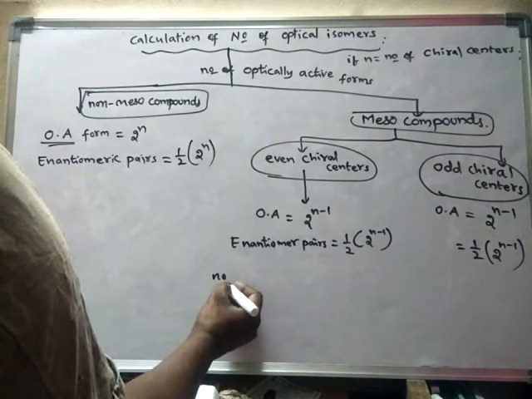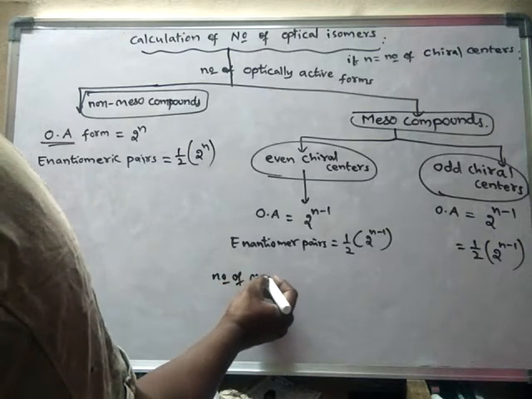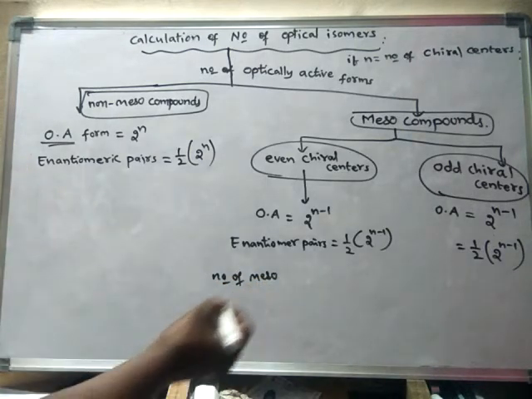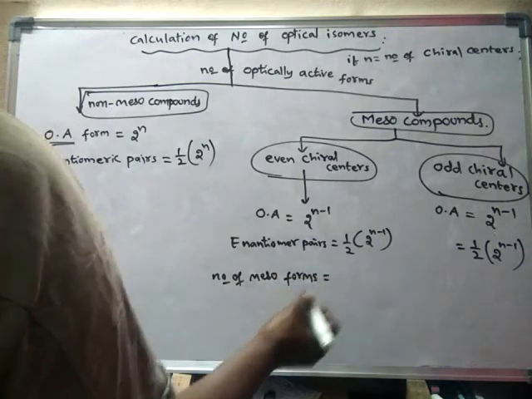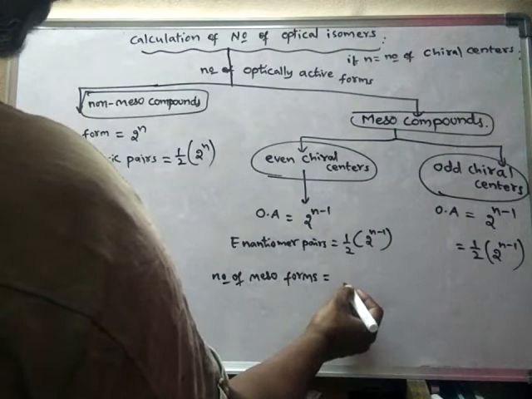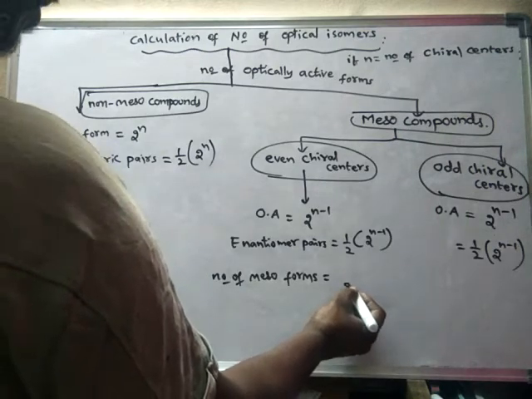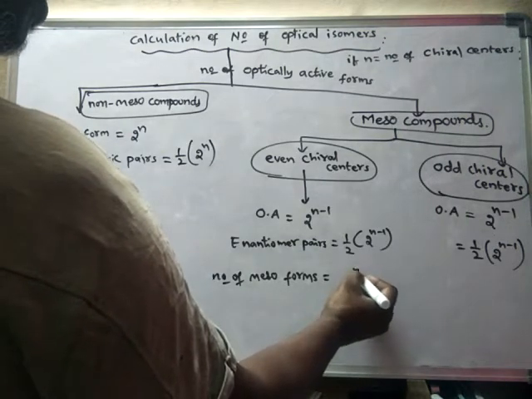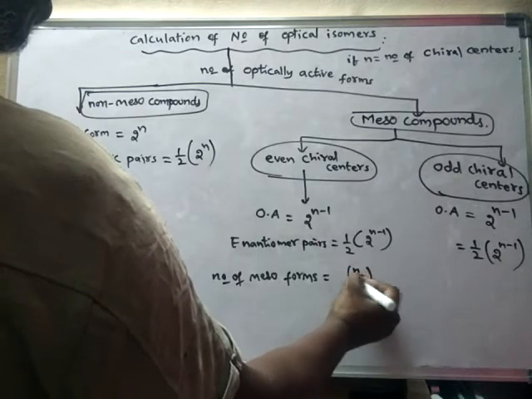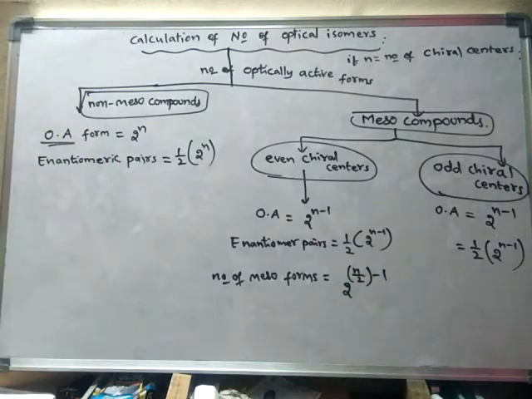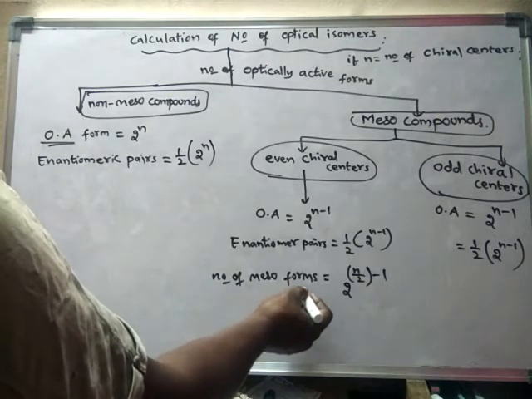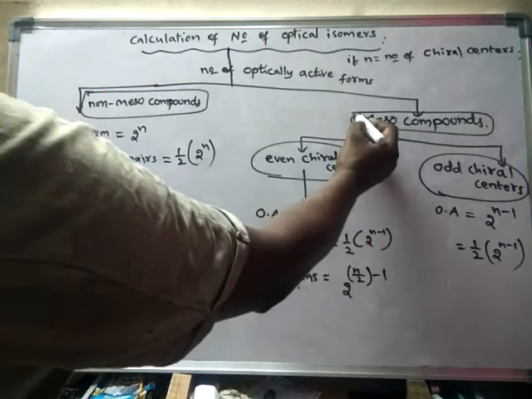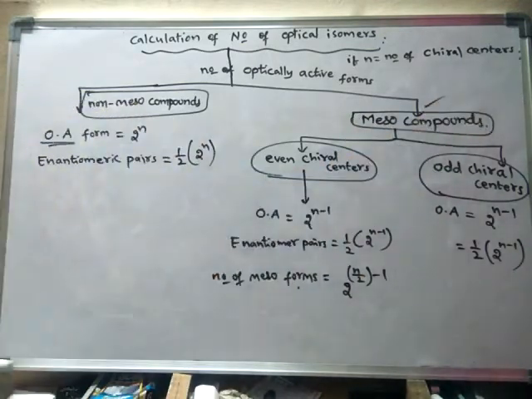The number of meso forms formed by the compound will be calculated using the formula 2 to the power of n by 2 minus 1. So that is the number of meso forms formed by a compound which has meso nature.